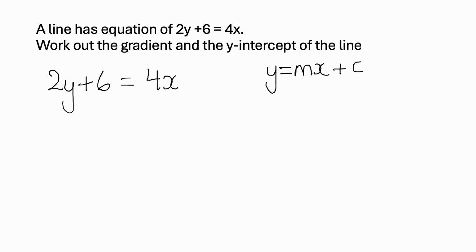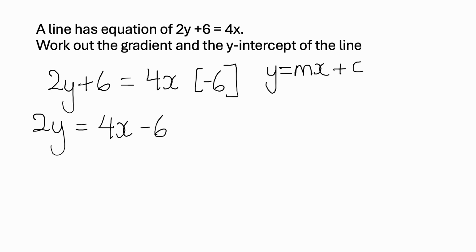So if we want to eliminate the 6 from the left hand side, we subtract 6 from both sides. So we get 2y is equal to 4x minus 6. But we want to know what y is.